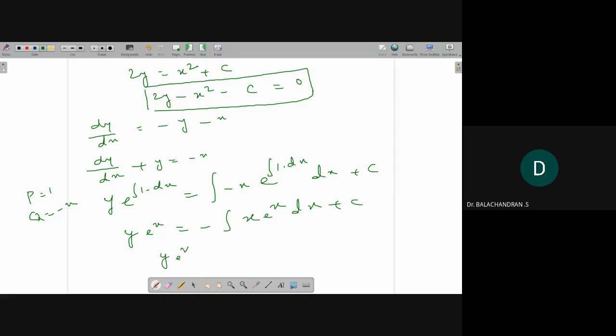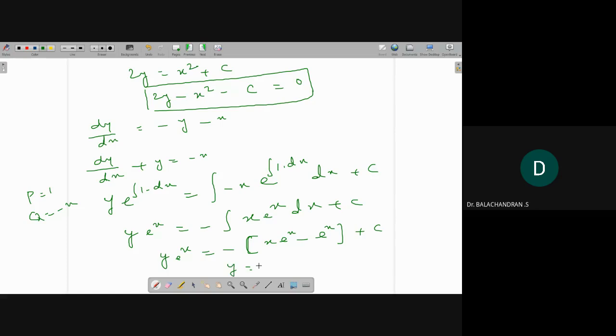equals minus integral of x into e power x dx plus c. The integration of x e power x is x into e power x minus e power x, so plus c. Throughout, divide by e power x.